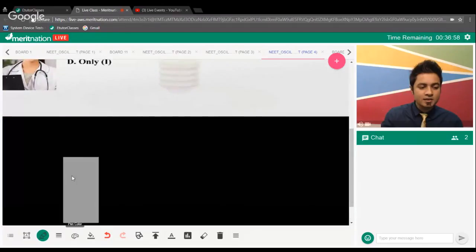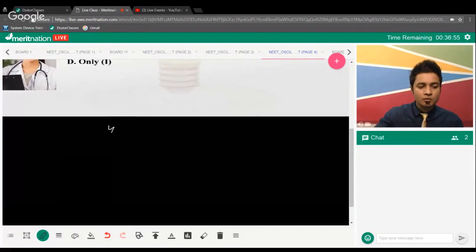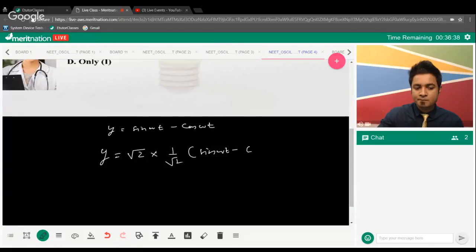See, y is given here: y is sine omega t minus cos omega t, right? So what I can do is make it this way, taking root 2 outside, and I'm going to multiply and divide by root 2, so 1 upon root 2 here as well as here.